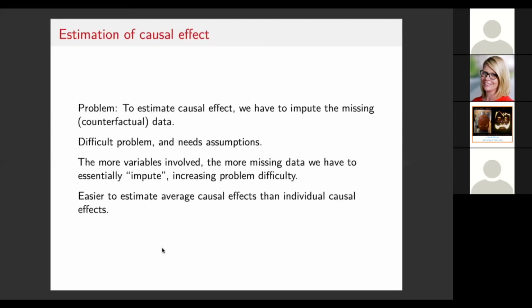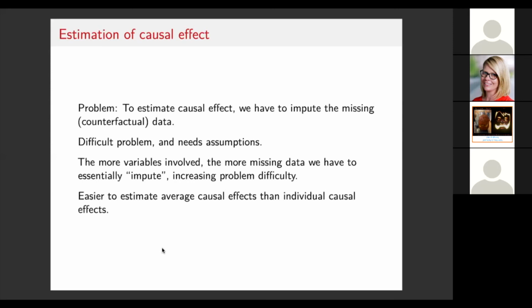Essentially, the idea is that since you have to impute the missing data, you need to add some assumptions. And the more variables are involved, the more missing data you have to essentially impute, increasing the problem difficulty. So even with just one intervention and one outcome, you have half of the data being missing.